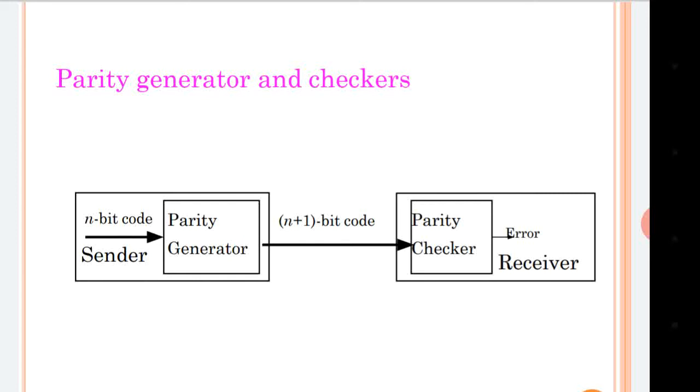For example, a sender is transmitting data which includes 5 ones, which is odd parity, and because of some error during the transmission, the data received at the receiver side has 3 ones, but 3 ones is also odd parity data. So the receiver may think that the received data is correct, but it is actually wrong data.